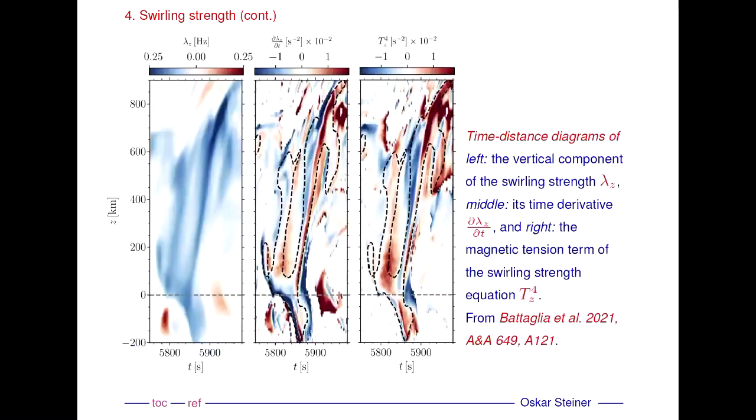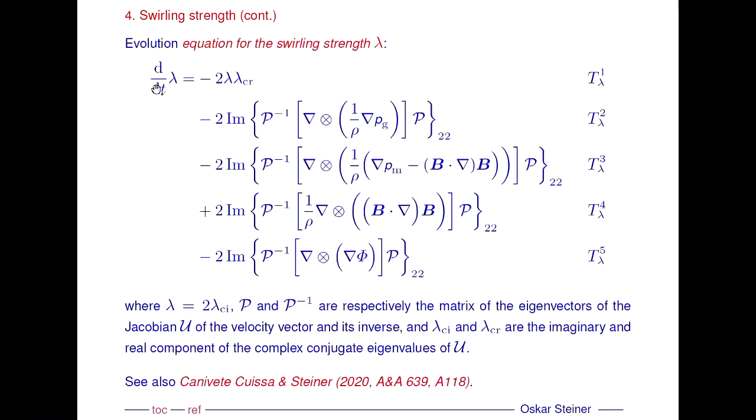Well, if we go again to this time-slice diagram, we have here a sequence of two torsional Alfvén pulses that propagate upwards. Then we take the time derivative of the swirling strength, or the vertical component of the swirling strength. Then we get the left-hand side of this equation. Then for each of these terms, we can make an equal time-slice diagram.